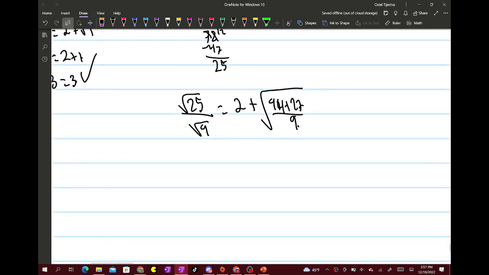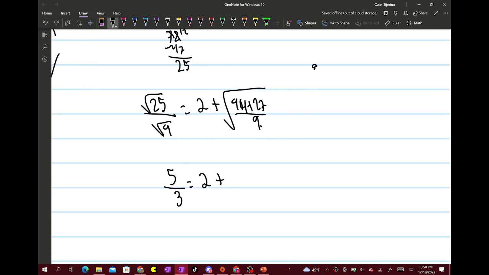So then this would be 5 over 3 is equal to 2 plus, and 94 plus 27 is 121, so plus the square root of 121 over 9.